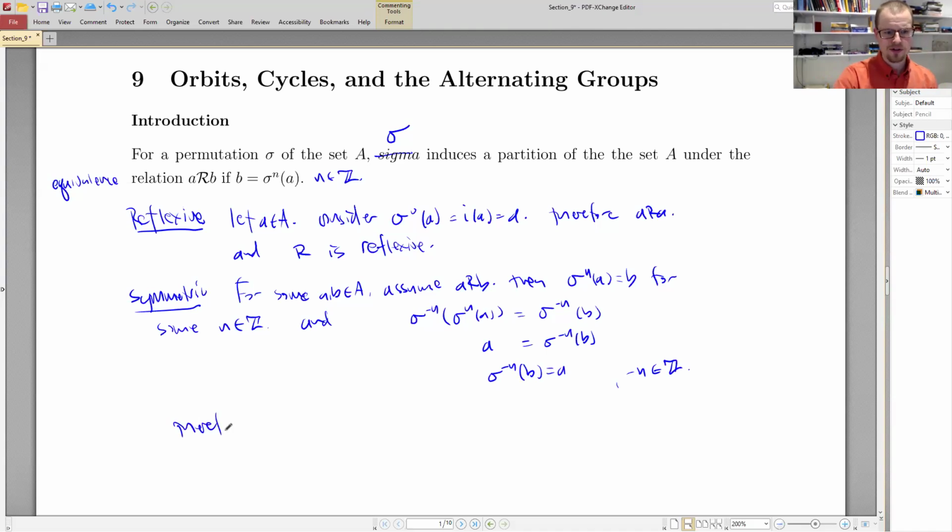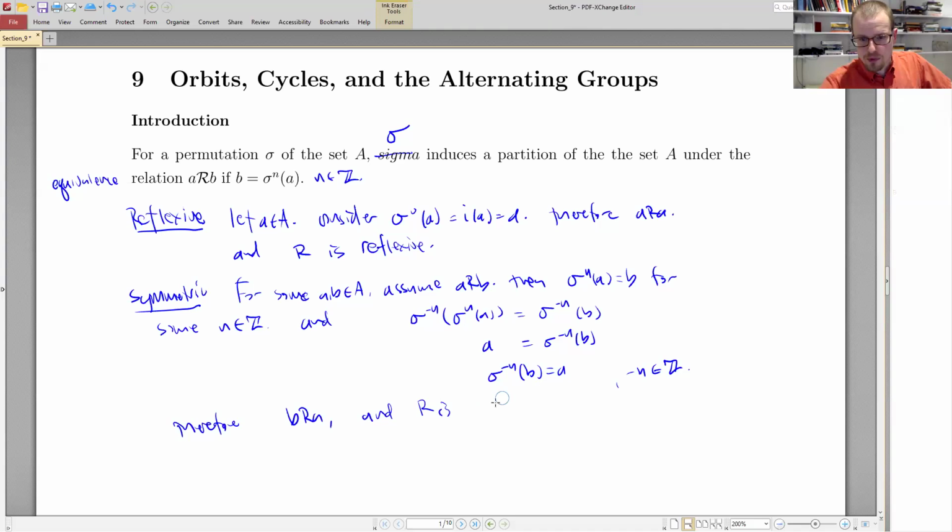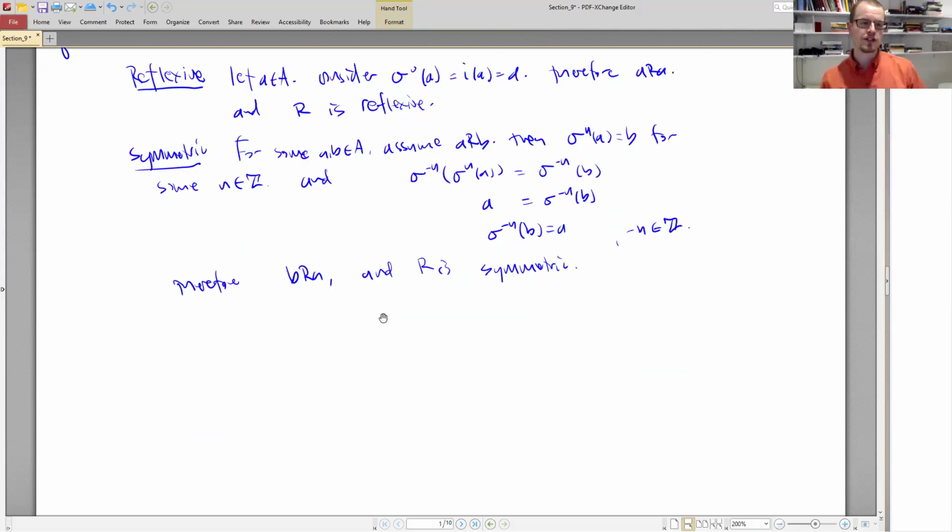Therefore, we have that b is related to a, and R is symmetric. I said reflexive and I wanted symmetric there. My apologies. We already had reflexive. So we have reflexive, we have symmetric. Now we just need to demonstrate transitivity.